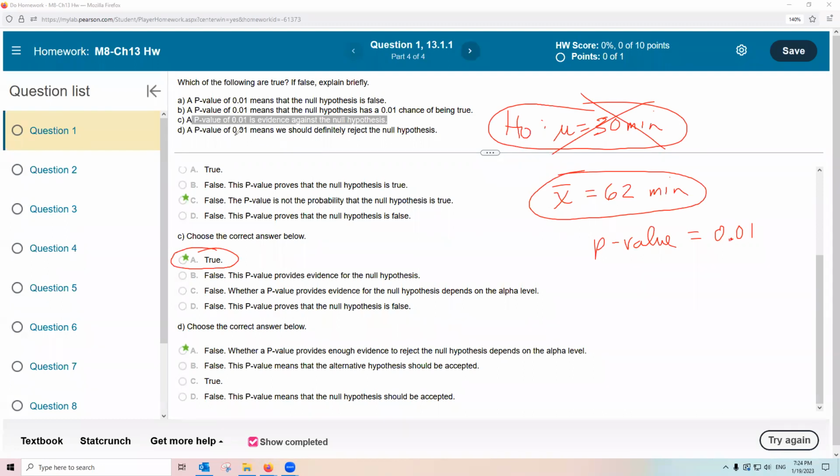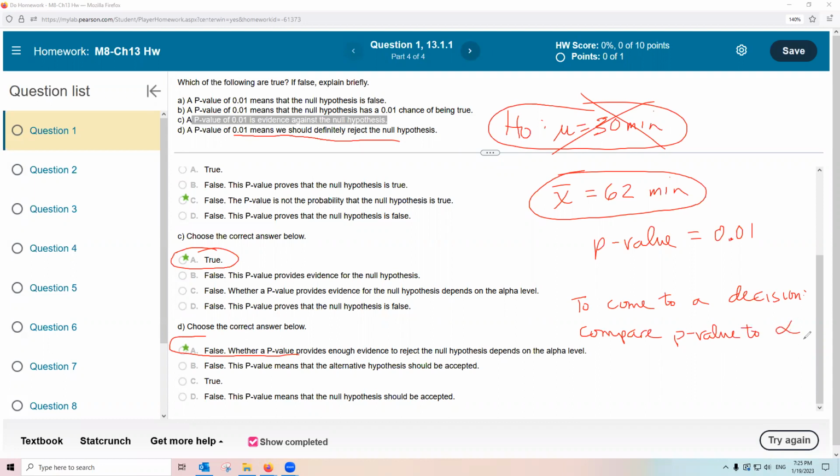All right, the last one. A p-value of 0.01 means we should definitely reject the null hypothesis. Well, this is false because the way a hypothesis test is set up, you have to compare. So to come to a decision for a hypothesis test, you compare the p-value to a number called alpha, the Greek letter alpha.